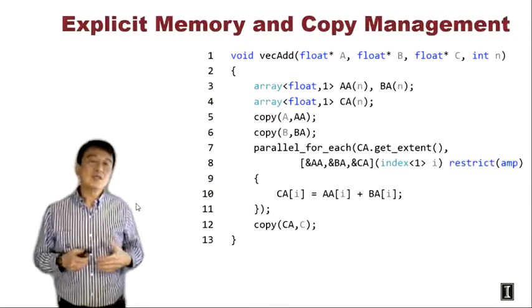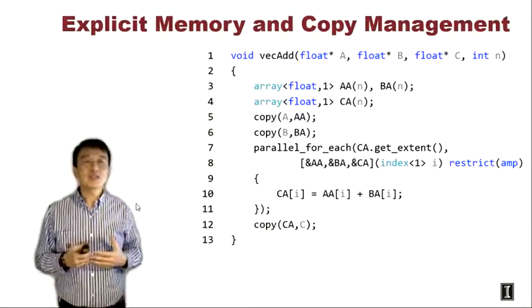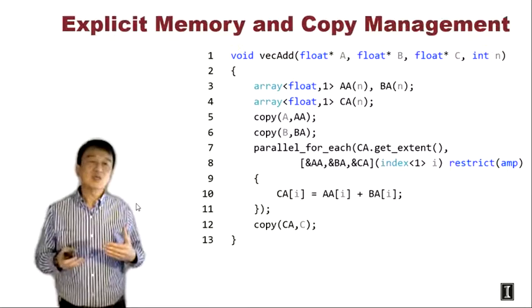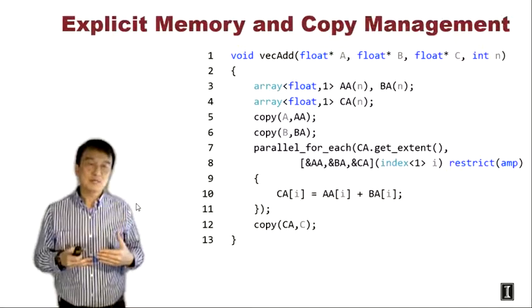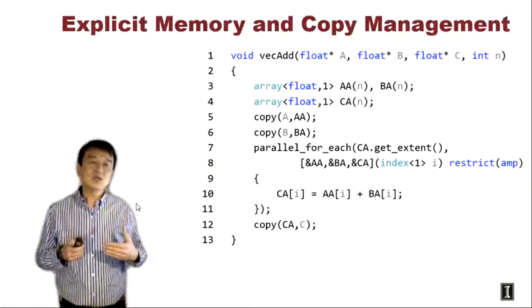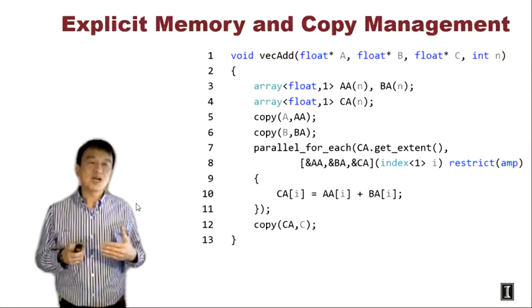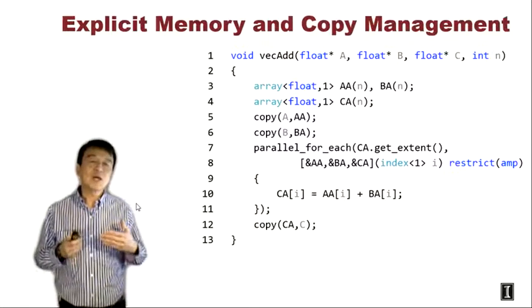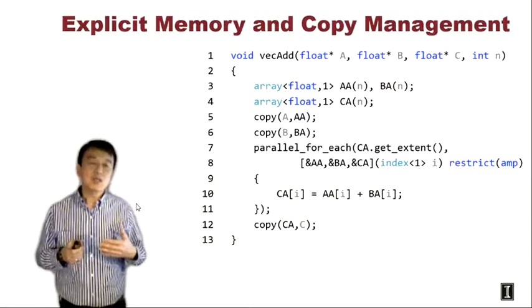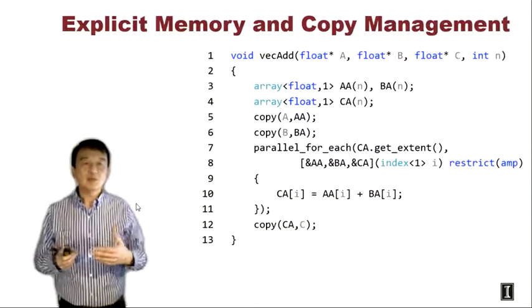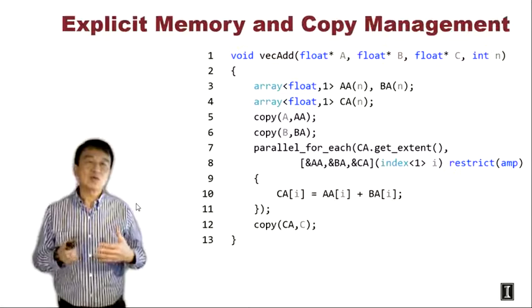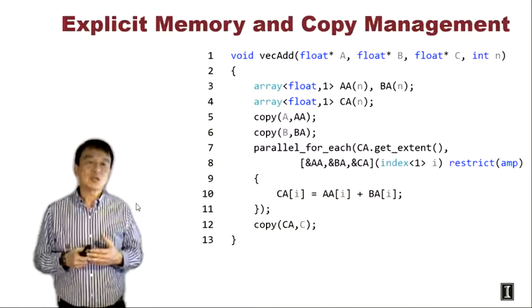In some even more future devices, the CPU and GPU will have a pretty much unified virtual address space. In that case, the CPU and GPU no longer need even the remap kind of instructions. So using array view will typically make your code much more future-proof and portable to future device architectures.